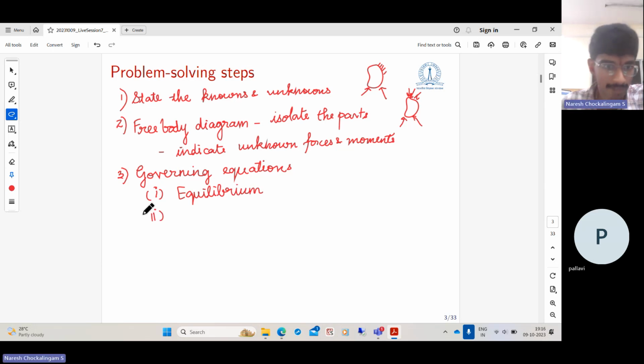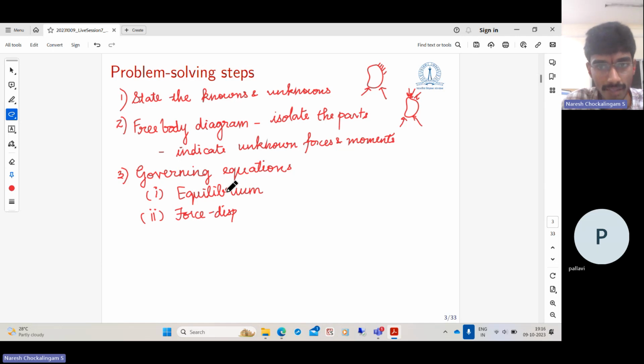The next is the relationship between the forces and displacements. So we have what is called the force-displacement or the stress-strain relation, depending on the type of problem we solve. If we are solving a problem that involves only an assembly of springs, you can do well with the force-displacement relations. And if you're solving a continuous body such as a beam, you can get away with the moment-curvature relation.